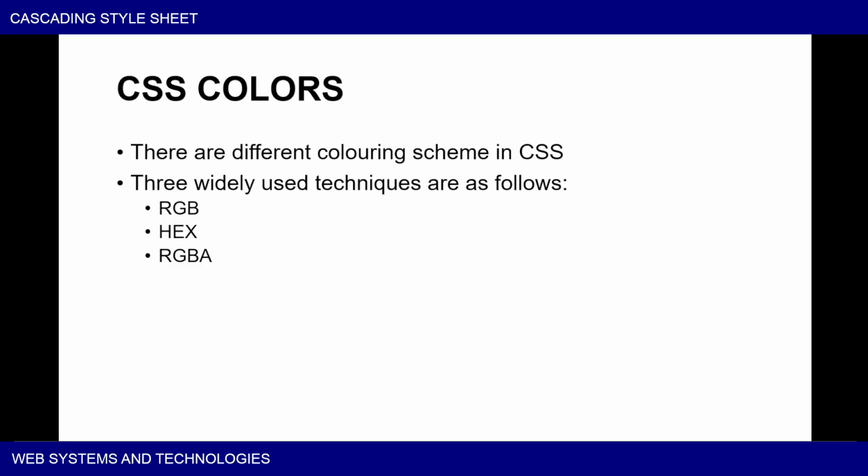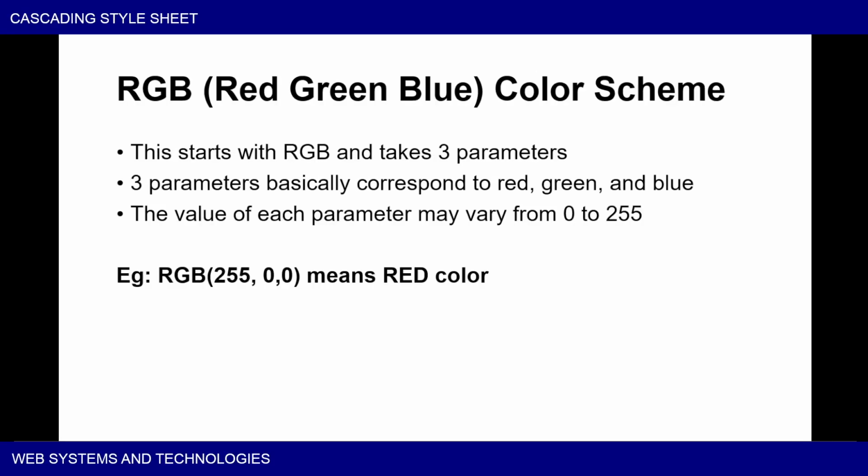Okay, so let's have first the RGB, or red, green, blue color scheme. This starts with RGB and takes three parameters. You need to write first RGB and then followed by the three parameters. These three parameters correspond to the colors red, green, and blue. Each parameter may vary from 0 to 255.